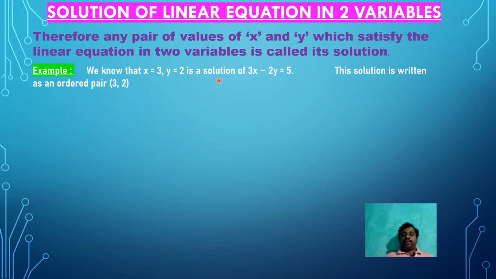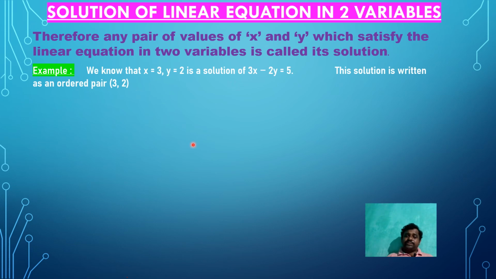So here both LHS and RHS are equal, so x is equal to 3 and y is equal to 2 is a solution of 3x minus 2y is equal to 5. This solution is written as an ordered pair (3, 2).